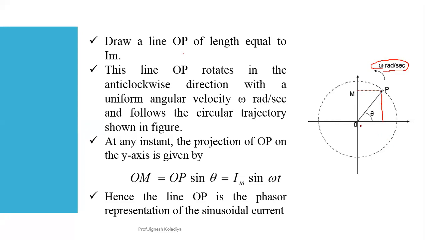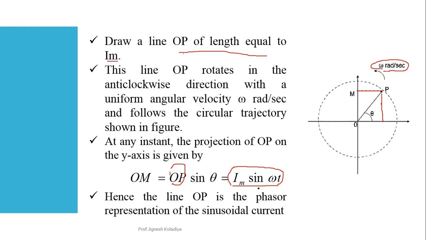Here you can write OP cos theta, and on the vertical line you can write OP sin theta. OP is the length of the vector, which is Im. So when I put OP equal to Im, then Im sin theta, or Im sin omega t, is what? The instantaneous value.